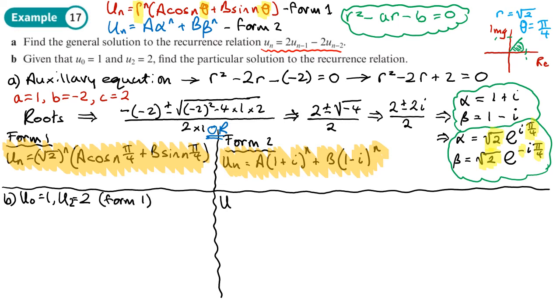So again, if you were doing a question like this, you would either choose one form or the other. Now I've just spotted that there's a mistake in the book. Here where it says u2 equals 2, that can't be right. That must be u1 equals 2.